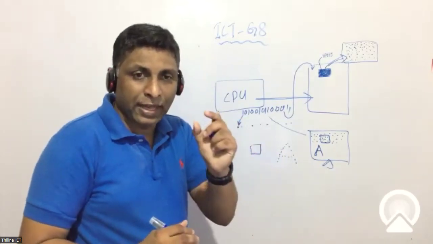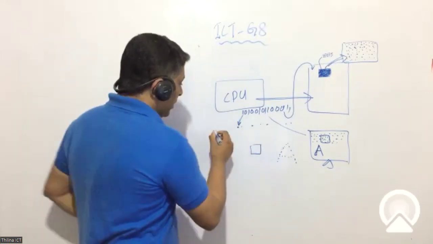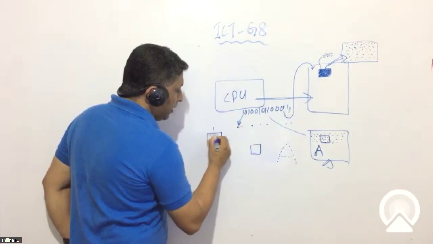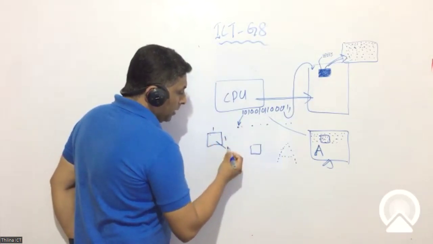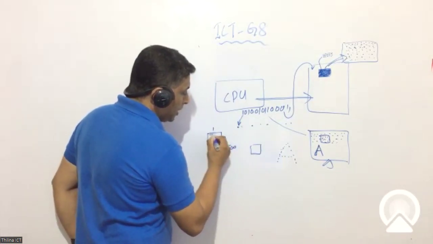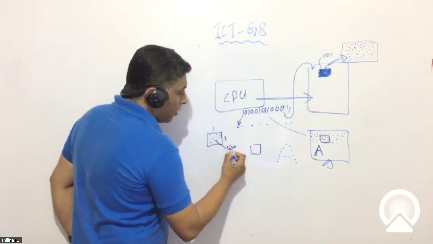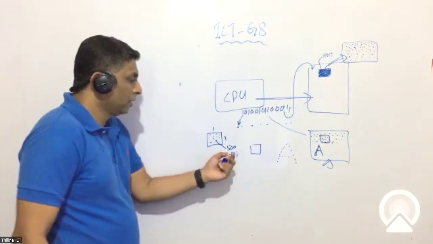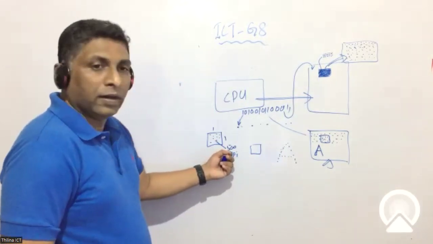in any area you take. Let's take 1 square inch. So 1 inch here, 1 inch here. If you can put, let's say, 500 dots here, that's called 500 dpi, dots per inch.